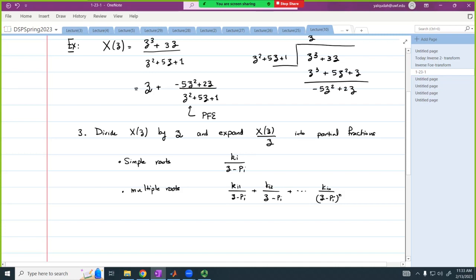If this root is repeated n times, then we're going to have n terms here. So if I have in the expression, for instance, z minus 5 squared, I'm going to have two terms. Oh, this should be squared. And then cubed, and so on and so forth. Together? Okay.